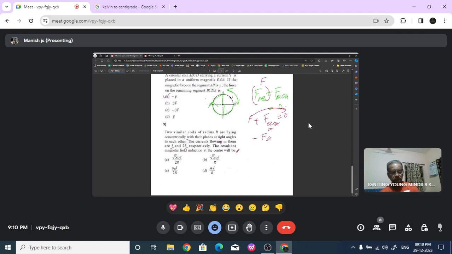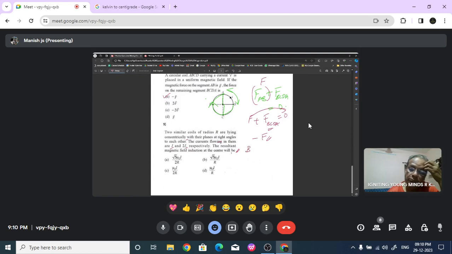Look at the options very closely. Okay. The general formula. What is the general formula that we use?